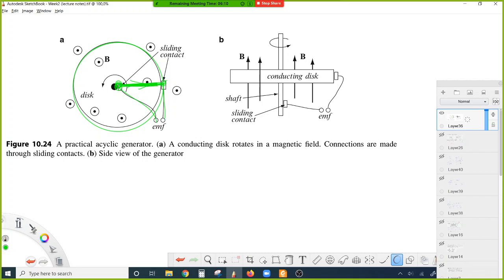Because of the movement of current, a force acts on this part of the bar, and this force makes the disk rotate. This can be a very simple working principle of DC motors.